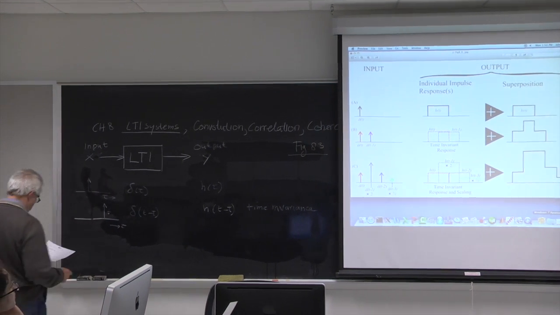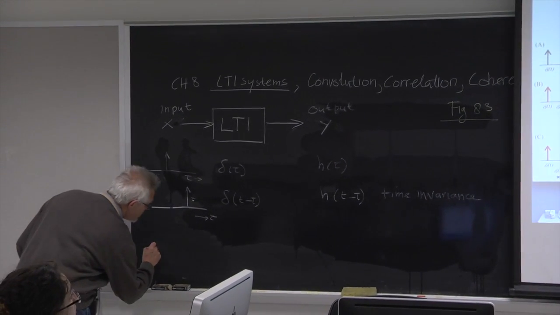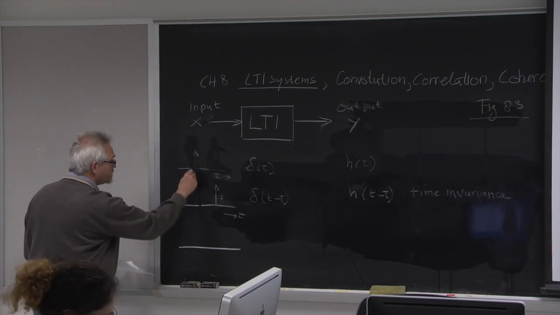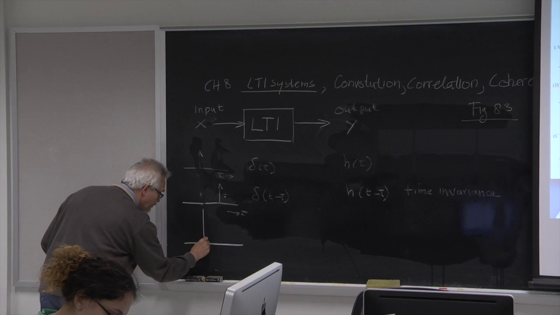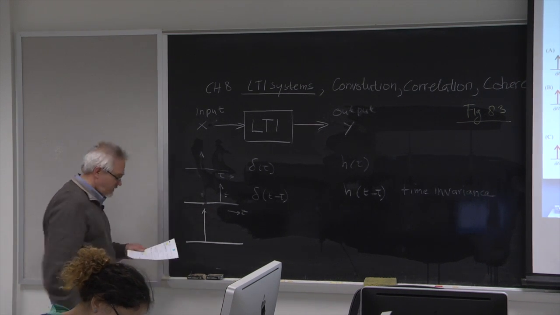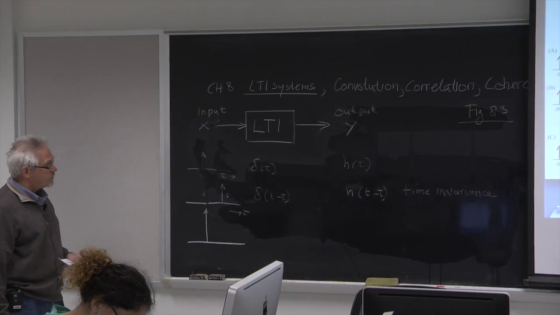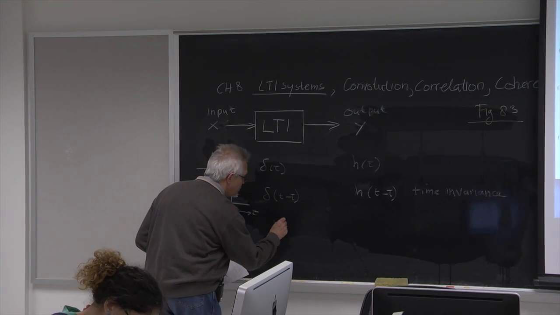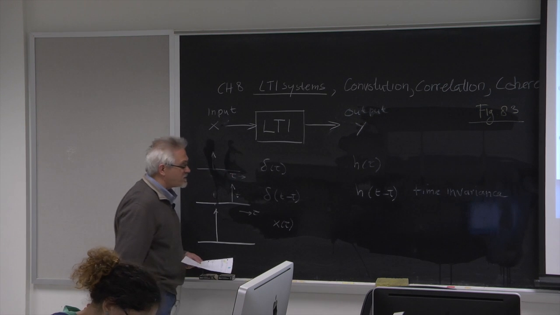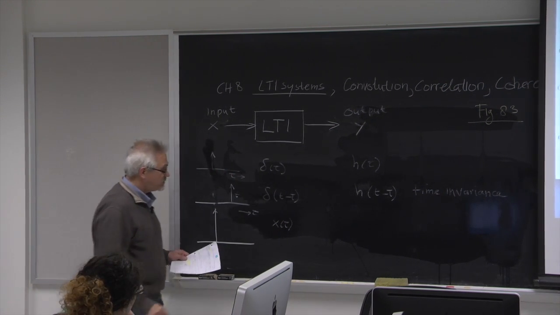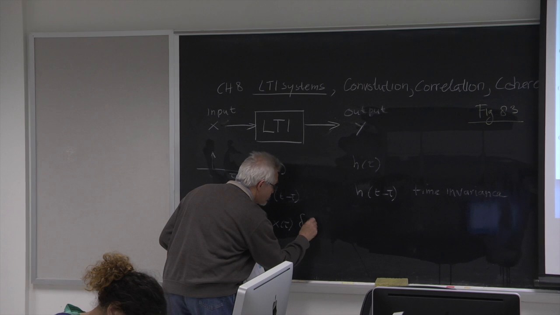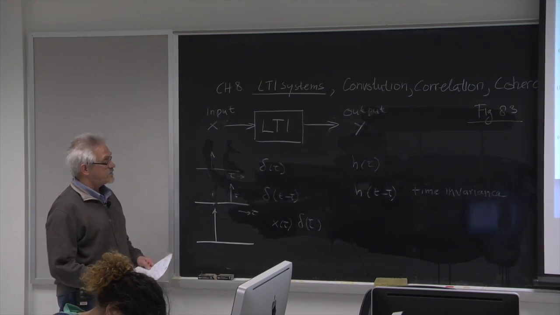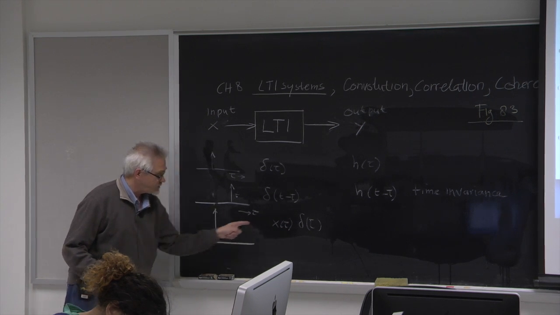The next thing I can do is take the same unit impulse here, but instead of having it at unity, I'm going to give it some weight. So I'm going to give it a weight that is determined by some function x tau, and this is the delta function, so this is a weighted delta function here.